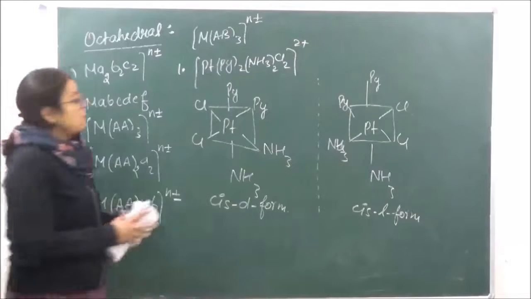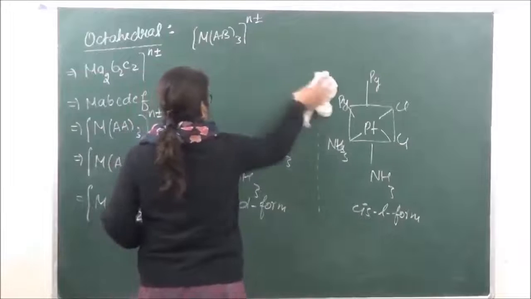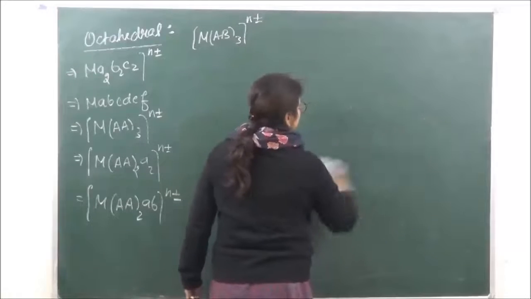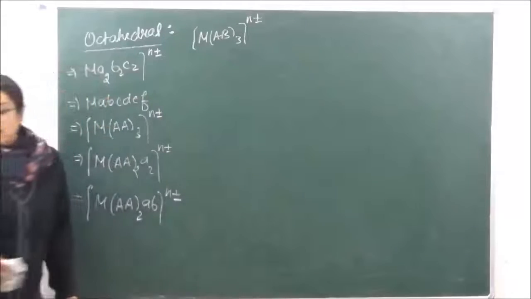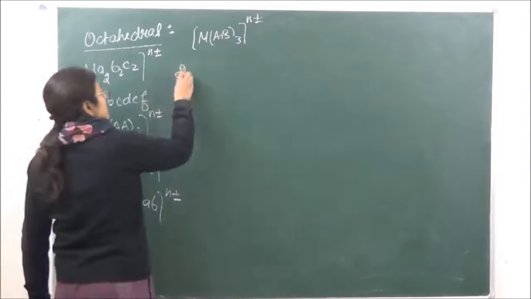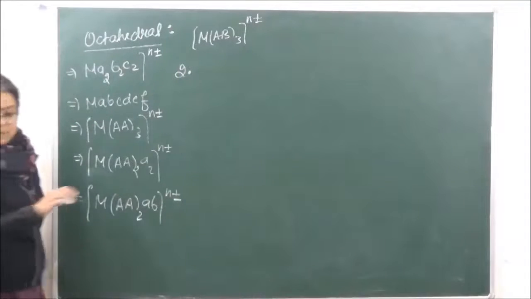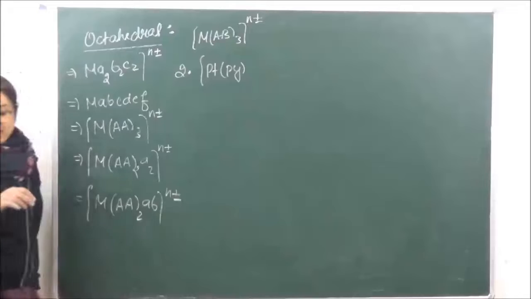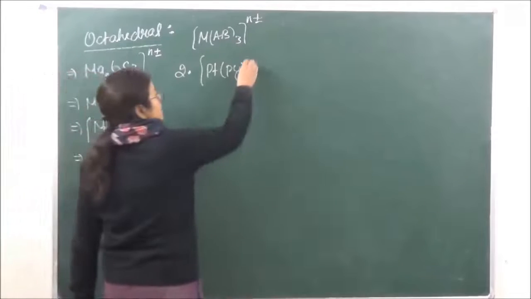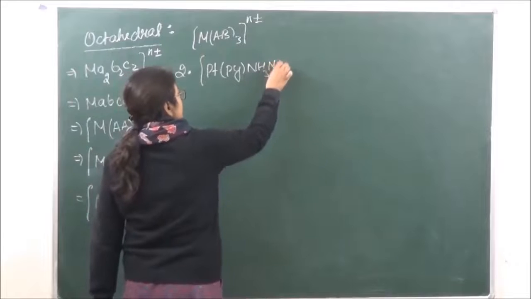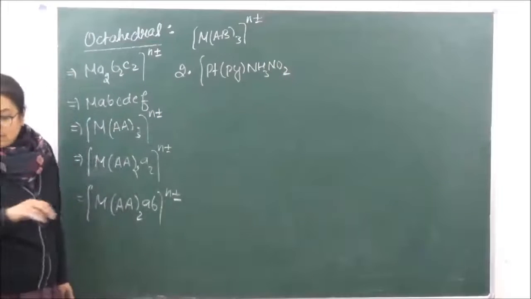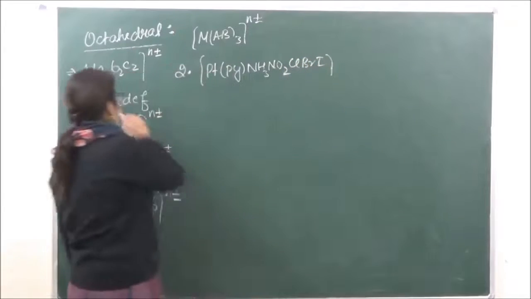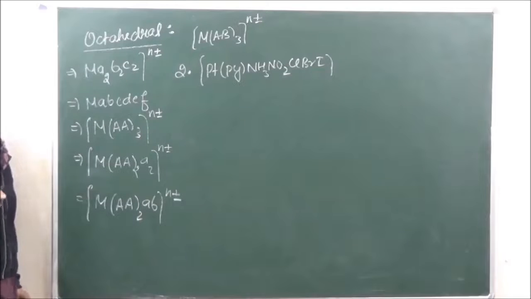The second example which we are taking over here is platinum with pyridine, NH3, NO2, Cl, Br and I. So we are taking an example of Mabcdef.